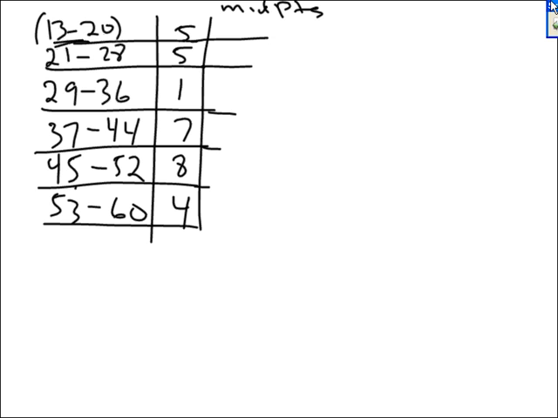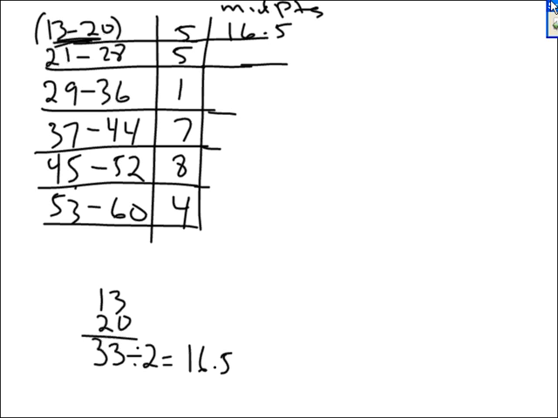The midpoint is the average in each class. What's smack in the middle of 13 and 20? Well, you add them up, you get 33, divided by 2, you get 16.5. Then just add 8, the class width. This keeps coming up and up and up.